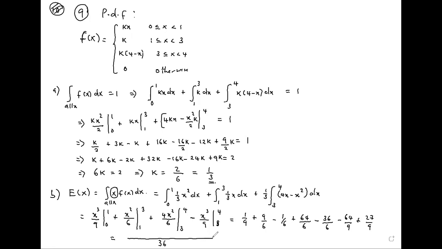So 9 in 36, 4, plus 6 in 36 is 6. So 6 times 9, 54. For the second one, minus 6, plus, this one is bigger, 64 by 6, 384.